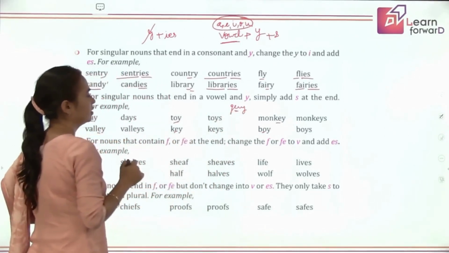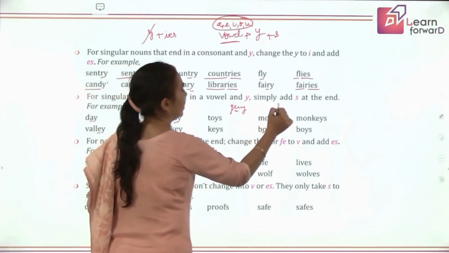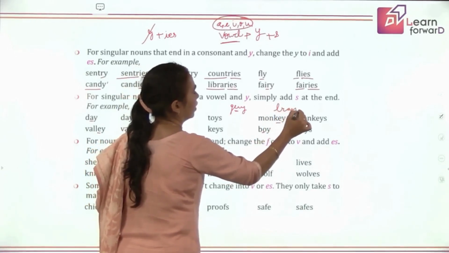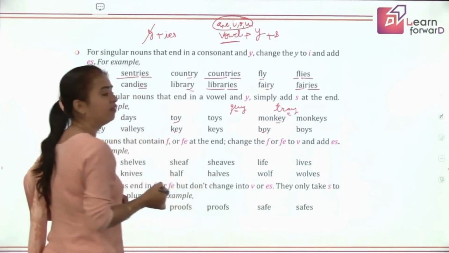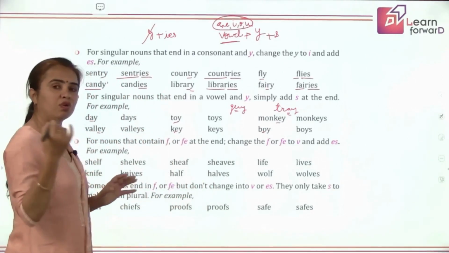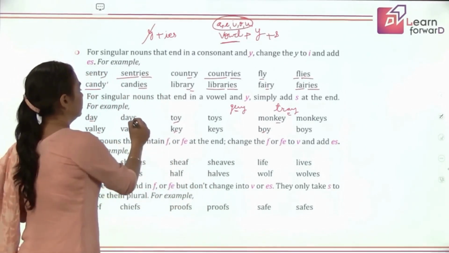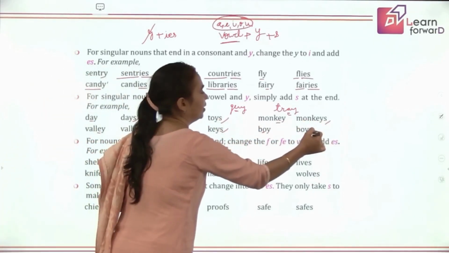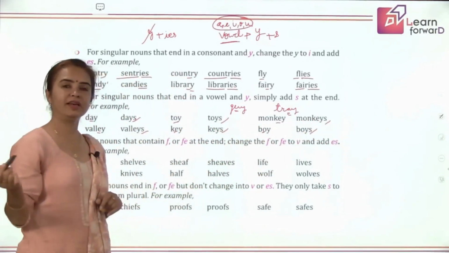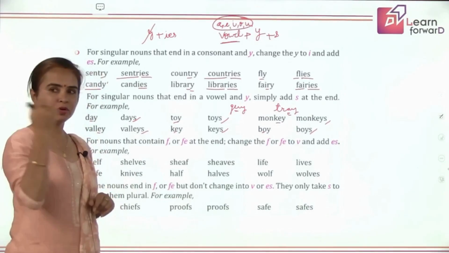This is u, tray. This is y. And before it you have the vowel a. So what you do to make them plural? Just add s to them to make them plural. We have already done in grade 2 and 3. I hope you remember now.